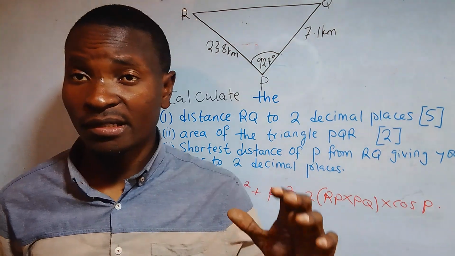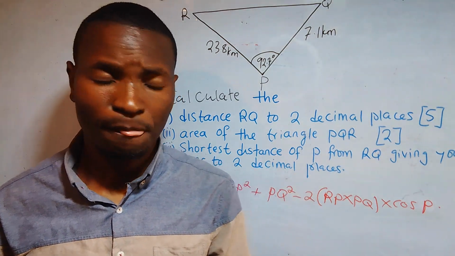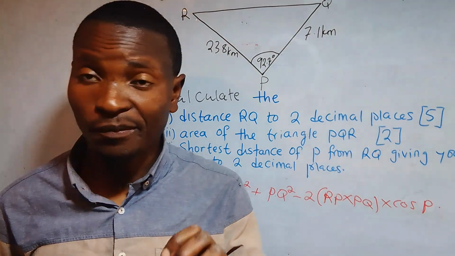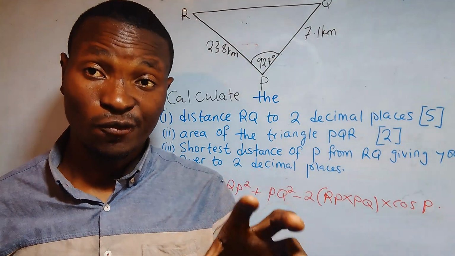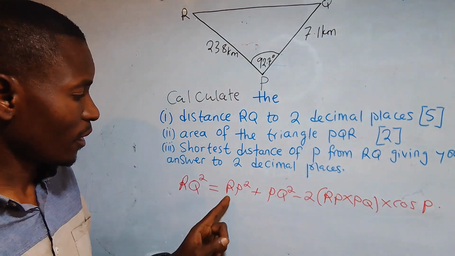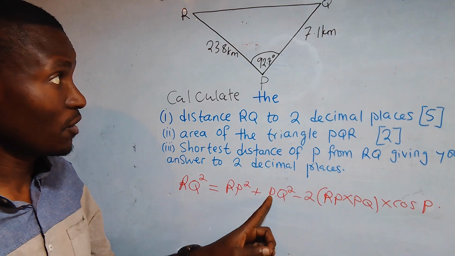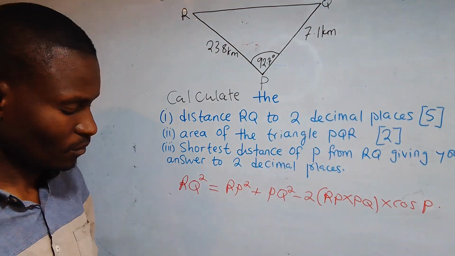Now, after you get this formula, what comes next is that you just have to replace the numbers into the formula that we have come up with. RP is this one, and PQ is this one.